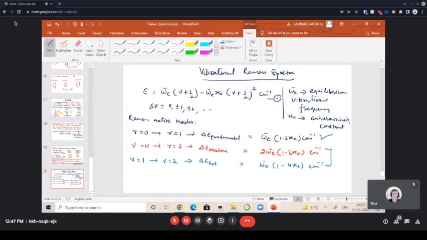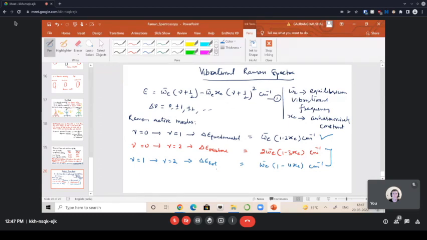Okay, so let us restrict ourselves to this first fundamental transition. When we were discussing the rotational Raman spectrum, you have seen that there is some exciting line around which there will be some other lines, which here will be fundamental transitions.